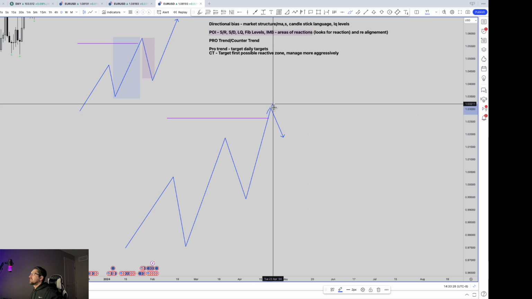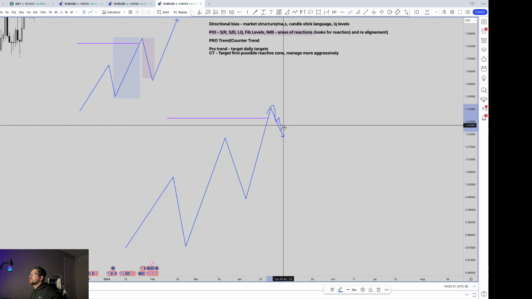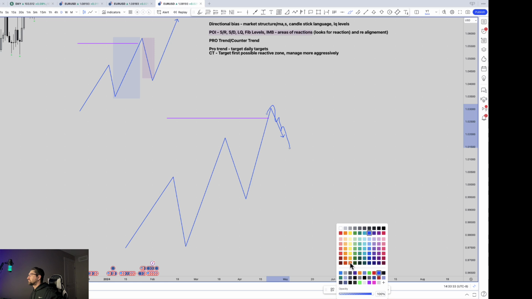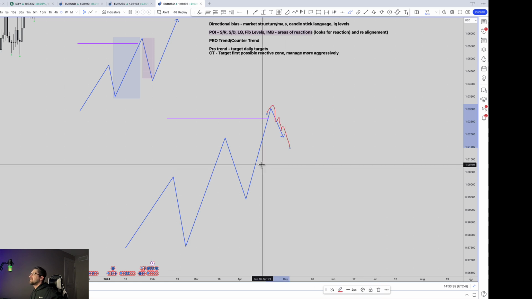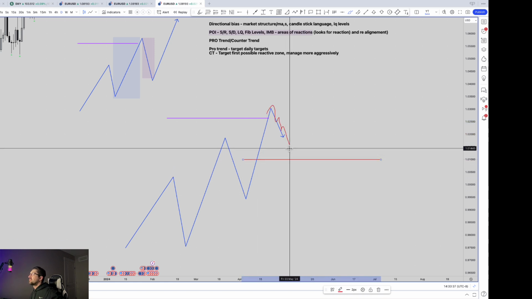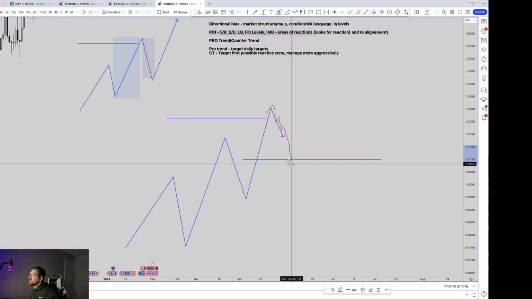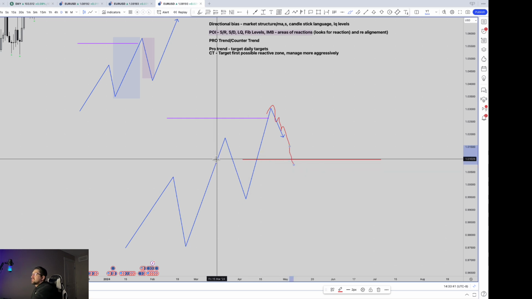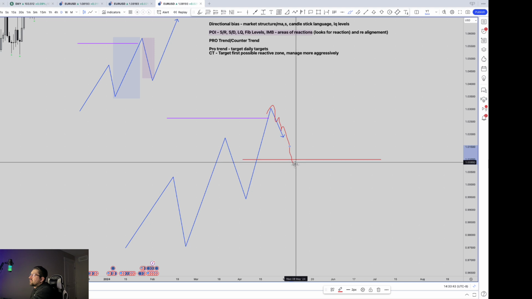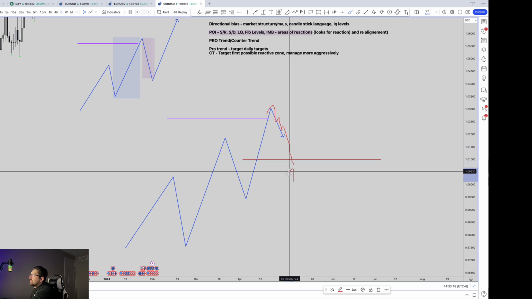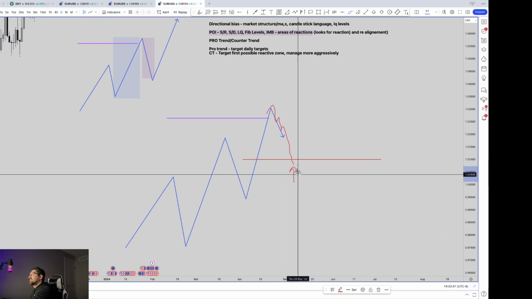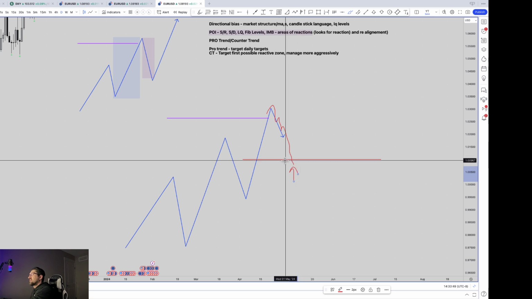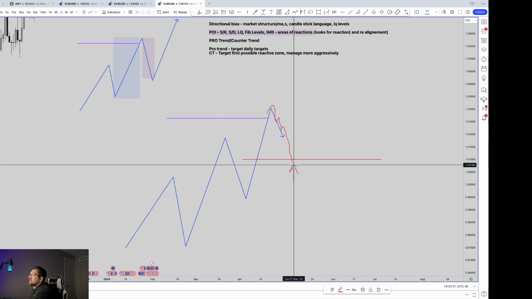So this could come from multiple structure breaks. At some point you're going to hit a level, and you need to determine what's determining that this is the bottom. This could be a demand, a support, or a liquidity level. Obviously, you're not going to want to just hit buy at your level.